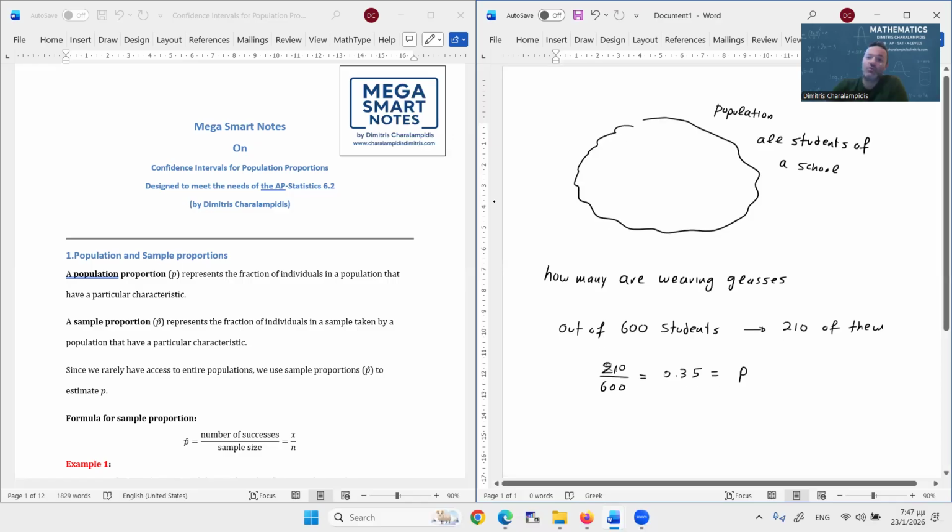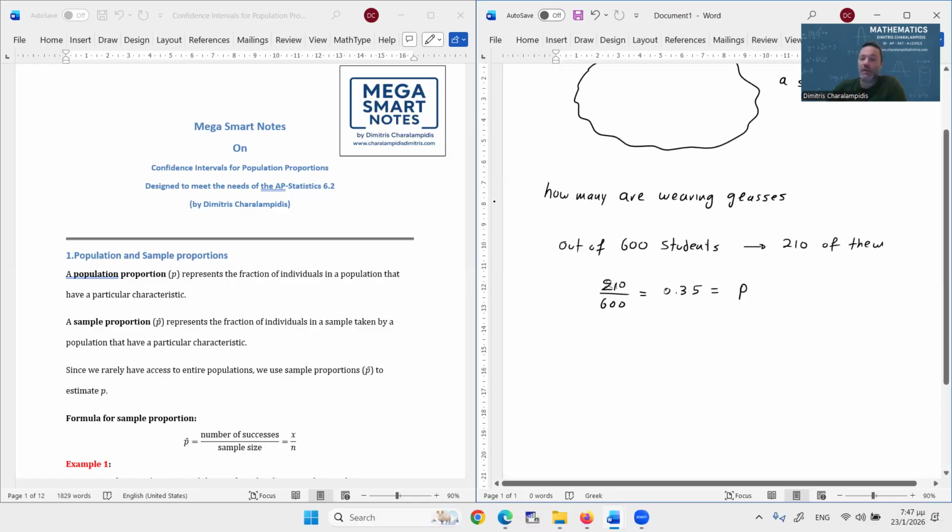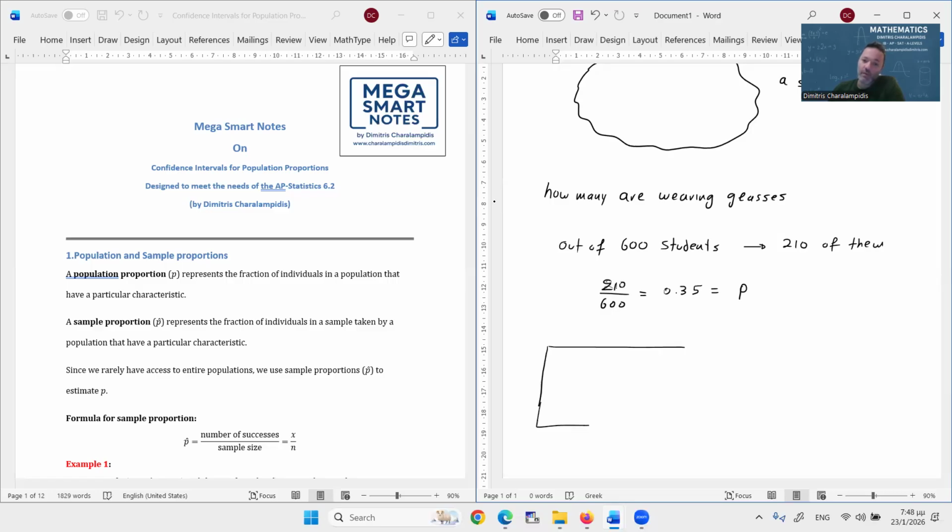So, assuming in a second example, and that would be our last one for this video, that the population of the whole town is close to 1 million, I'm going to use a smaller sample.